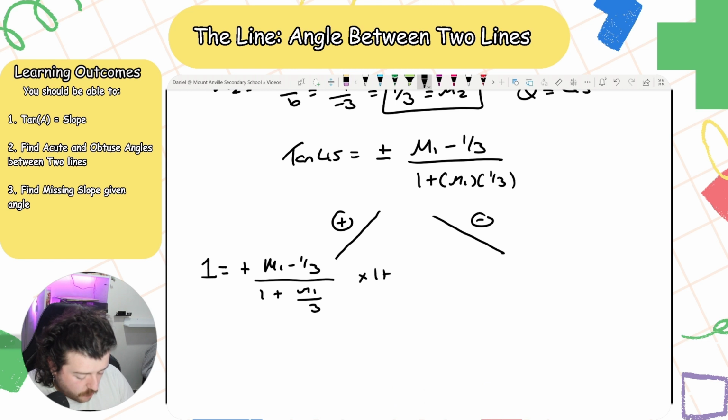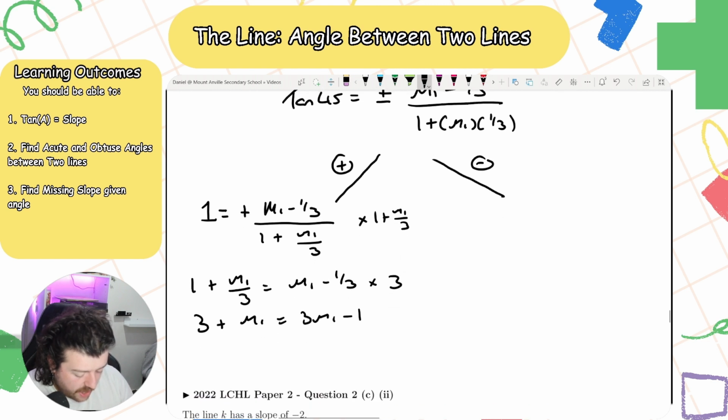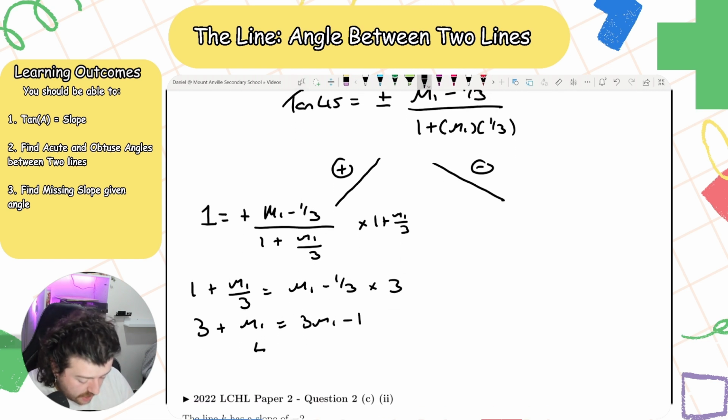Multiply both sides by 1 plus m1 over 3. I have 1 plus m1 over 3 is equal to m1 minus 1/3. Multiply across by 3 to get rid of fractions. 3 plus m1 is equal to 3m1 minus 1. Bring everything over to one side. I'm going to get 4 is equal to 2m1.